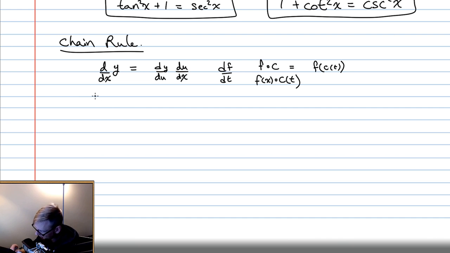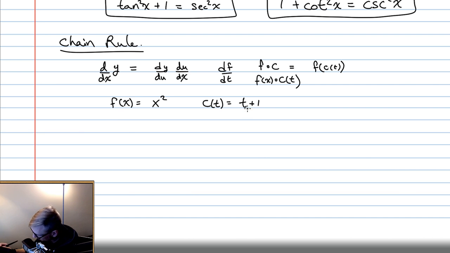So if you had, let's say, f of x is x squared, pretty simple one, and c of t is t plus 1. Thinking of wrong variables here. Well, now you want to differentiate f with respect to t.